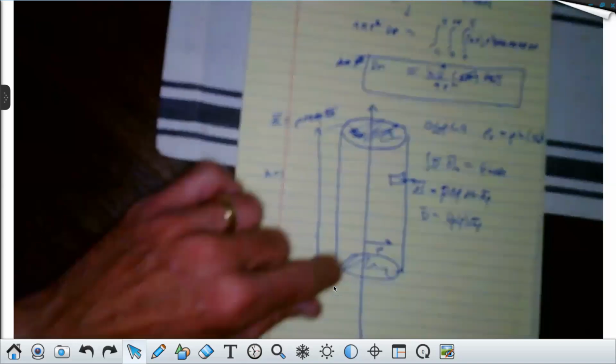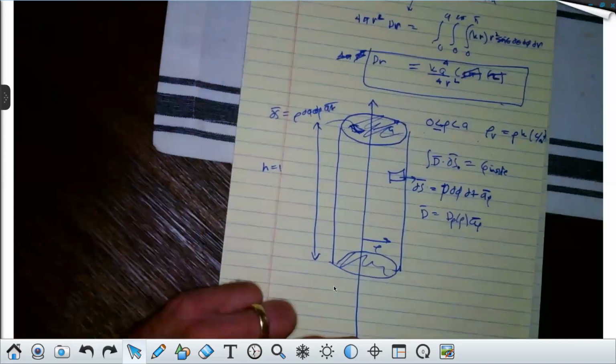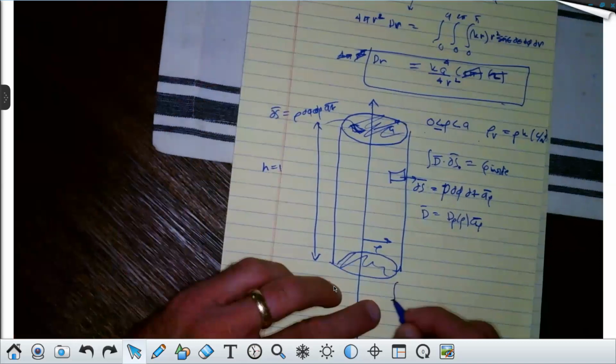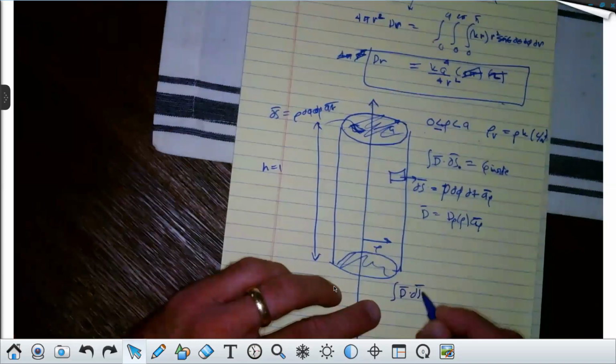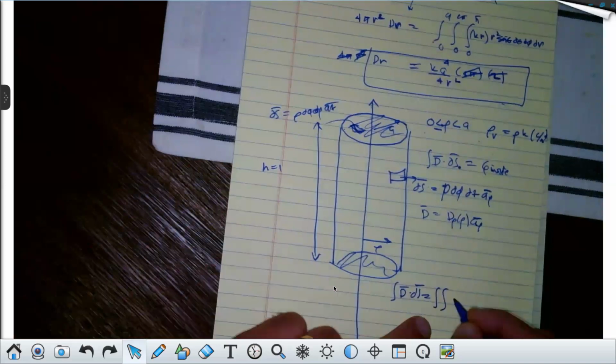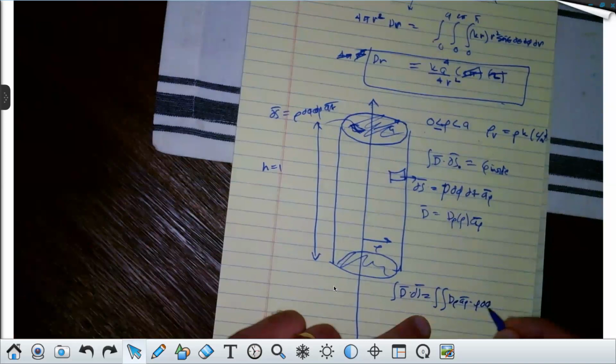So now if I let that height be 1, I can say that the integral of D dot dS over the surface is actually a double integral of D, which is D of rho a rho, dotted with dS, which would be rho d phi dz. Here, dz would go from 0 to 1, which is nice, right?